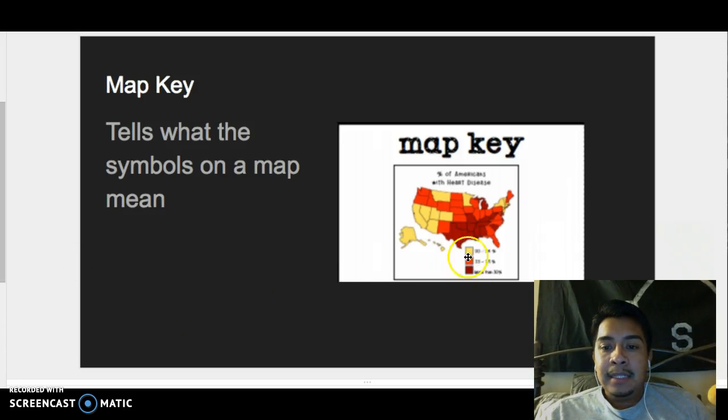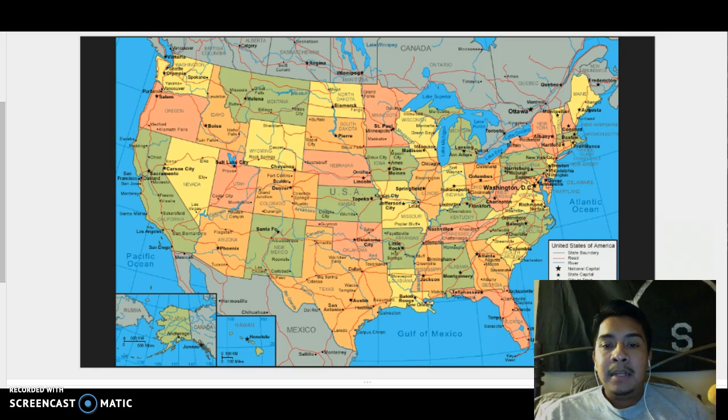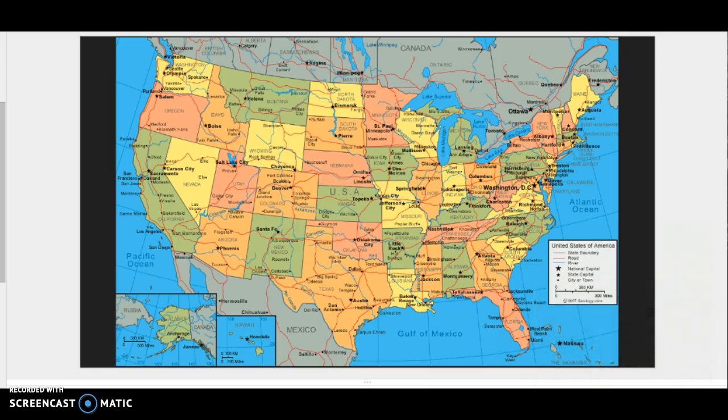If we go back to the example, same kind of thing right here. It's usually found at the bottom of your map. I'll show you this one again. You see right here is the key. It tells you the national capital, the state capital, and it gives you the information that you need to know about the map.